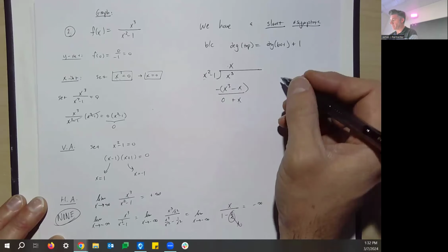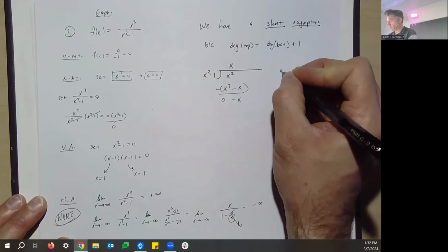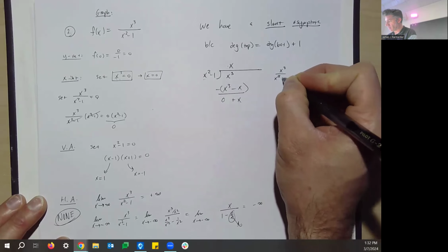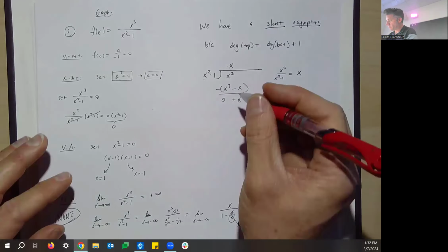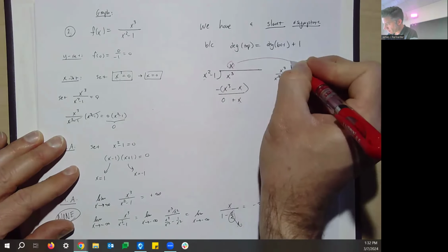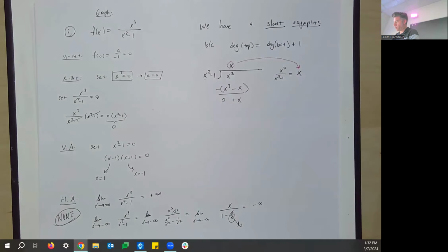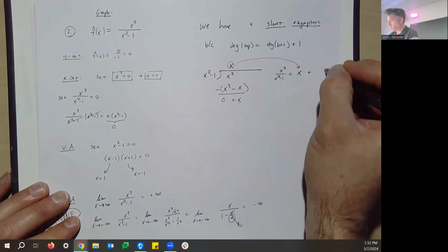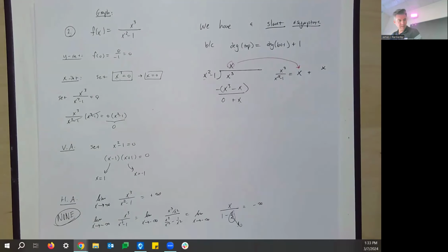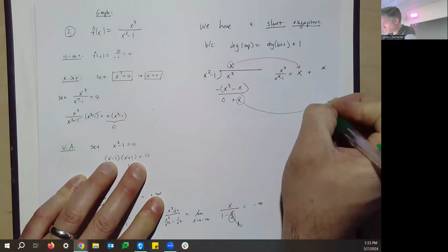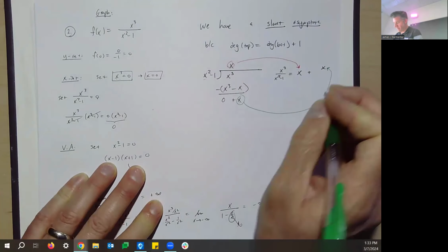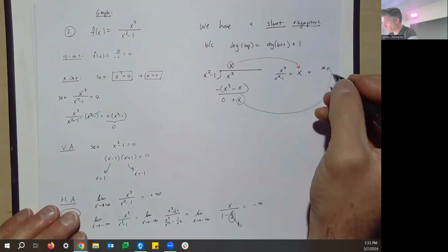But what this is telling us is that x cubed divided by x squared minus 1 is equal to the quotient x plus the remainder x. Let's use a different color here. Divided by the divisor, x squared minus 1.